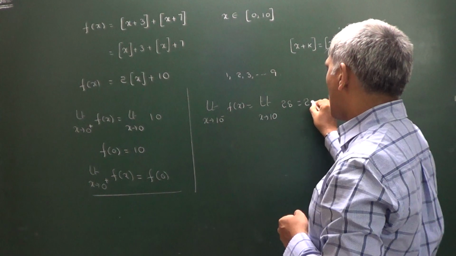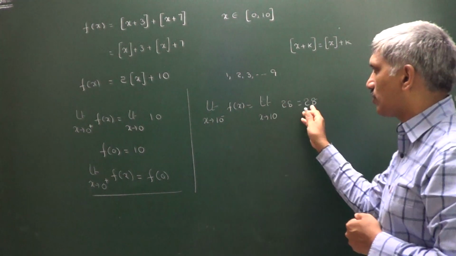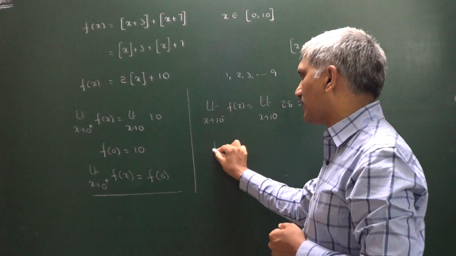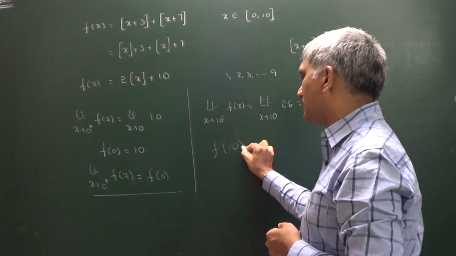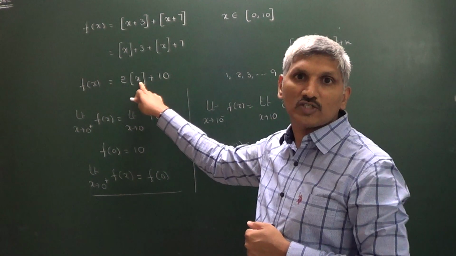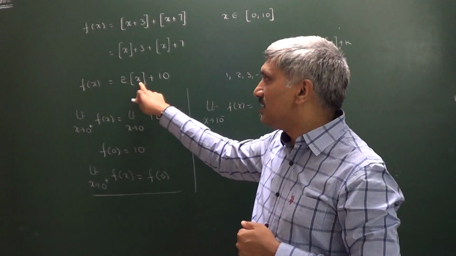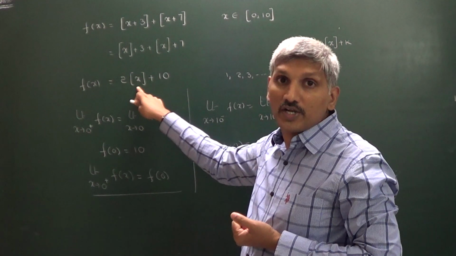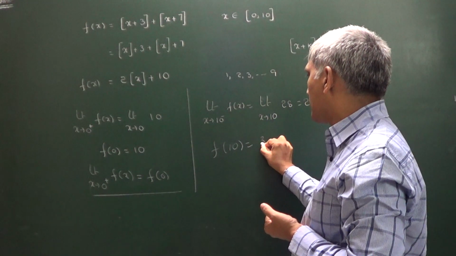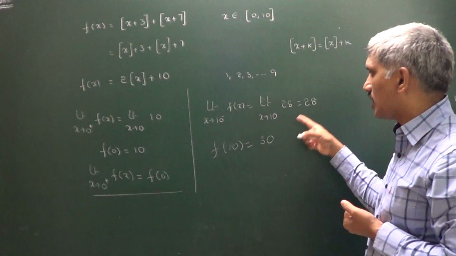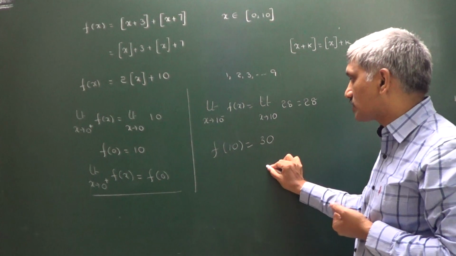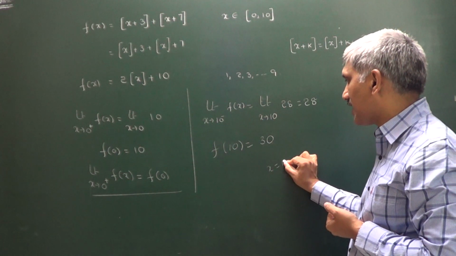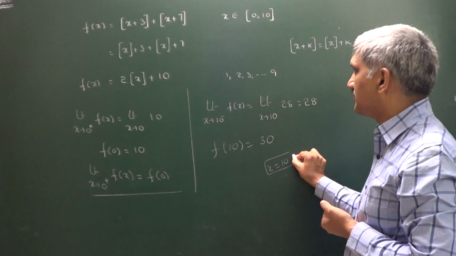So we got 28 for 10 minus. But what is the value of f of 10? In place of x we write 10: 2 tens, integral part of 10 is 10 only, 2 tens are 20 plus 10 gives 30. Both are not equal, so the function is not continuous at x equals 10.